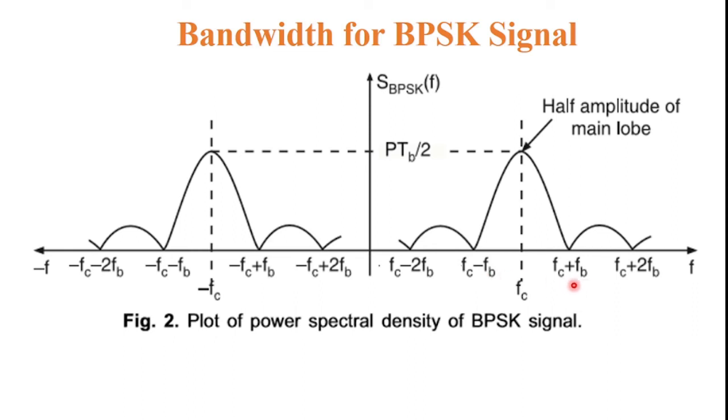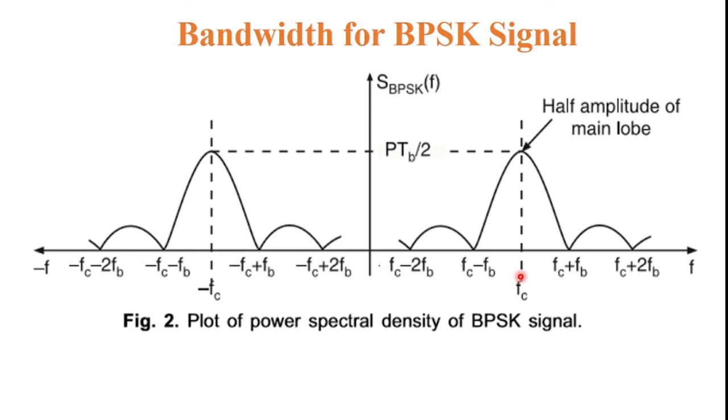The spectrum of the BPSK signal is centered around the carrier frequency, and Fb is equal to 1 by Tb. For the BPSK signal, the maximum frequency in the baseband signal will be Fb as shown in this figure.